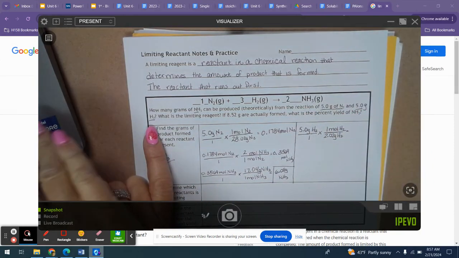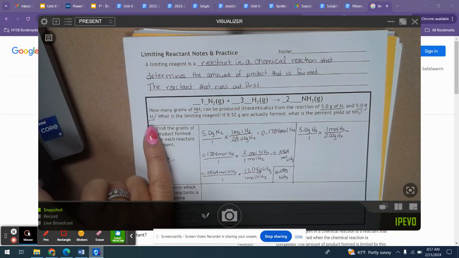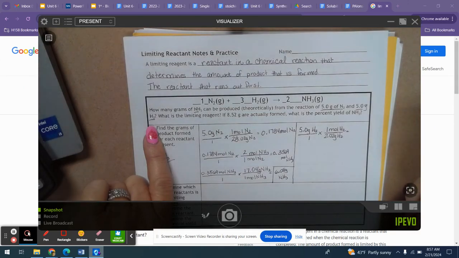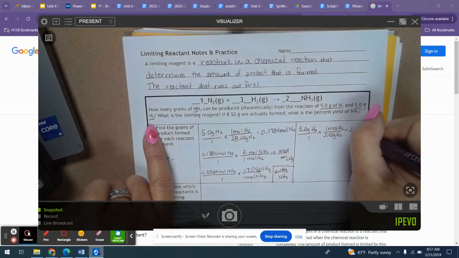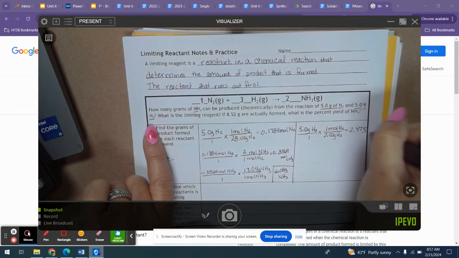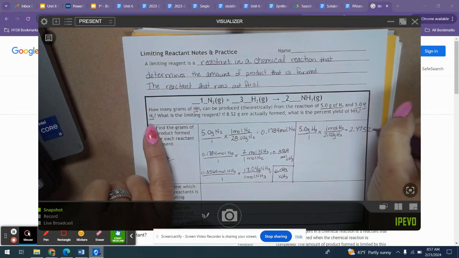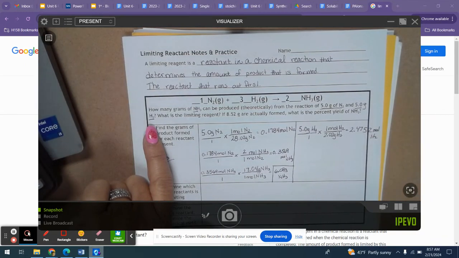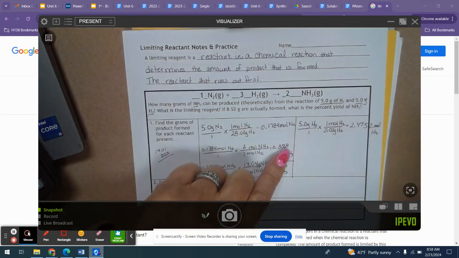So I'm going to do 5 divided by 2.02. I get 2.4752 moles of H2. I'm going to use that in my next step.